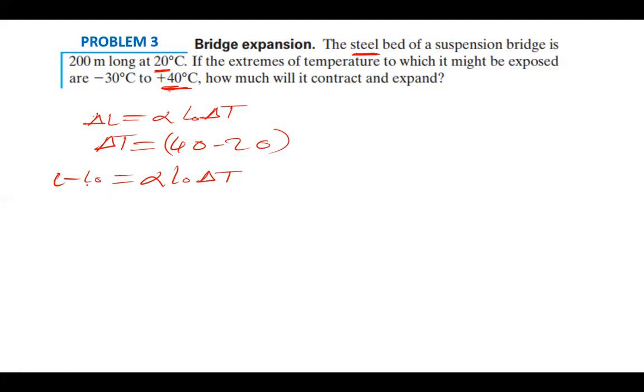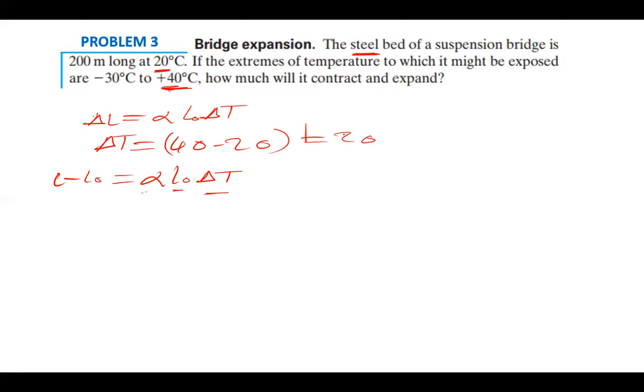We've been given L naught, and alpha you can get from the table. Then the change in temperature is 40 minus 20, which gives you 20. So you replace it there.